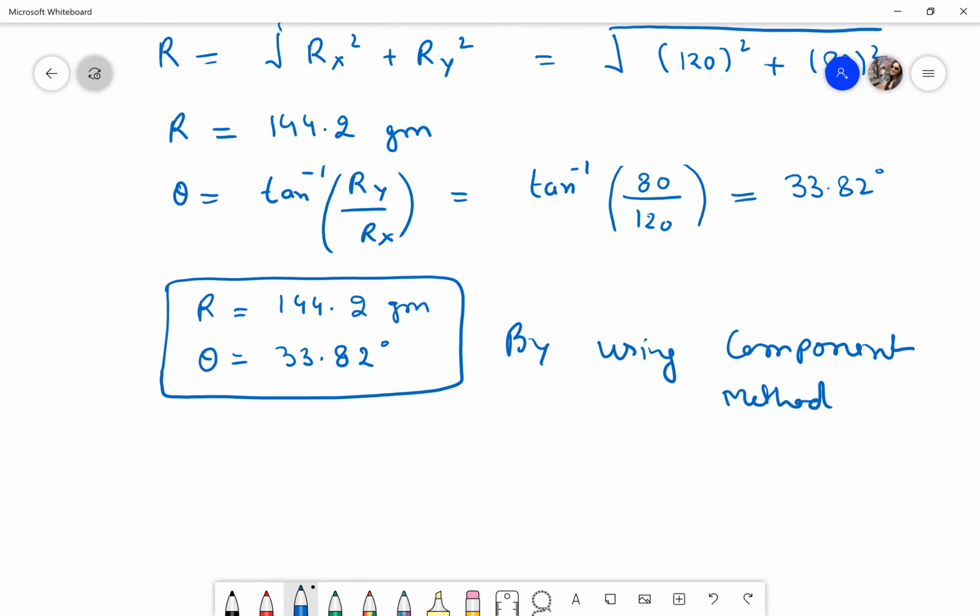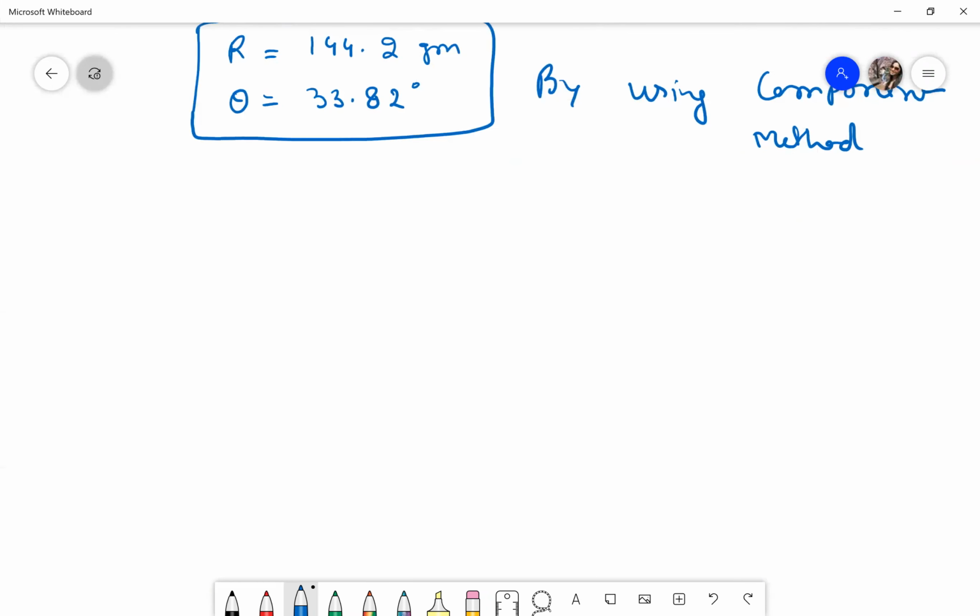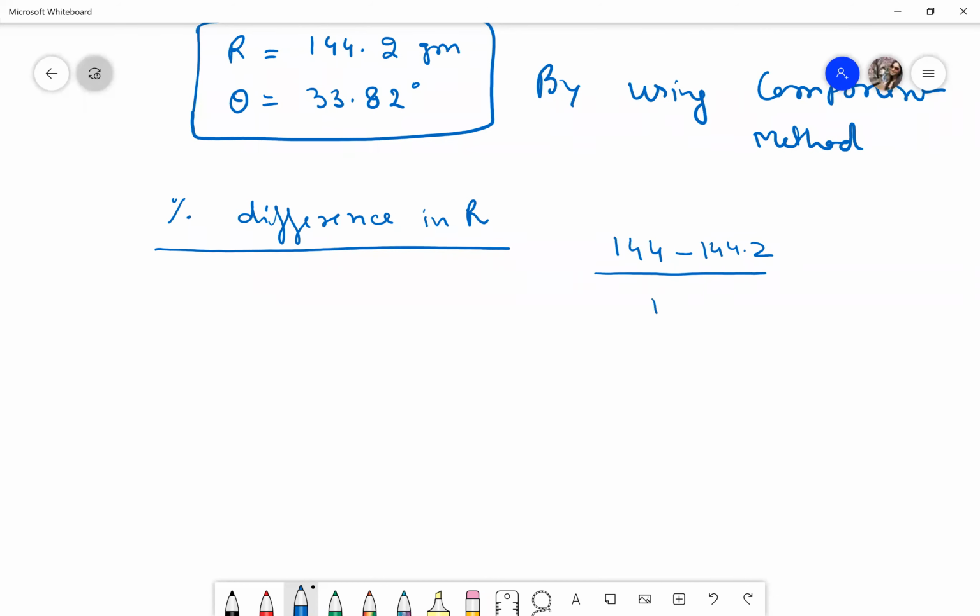Once you have these numbers, the resultant by the graphical method and by the component method, you can find the percentage difference in the magnitude of your R. We found 144 by the graphical method, so 144 minus 144.2, which we found by the component method, divided by the magnitude 144.2, multiplied by 100.